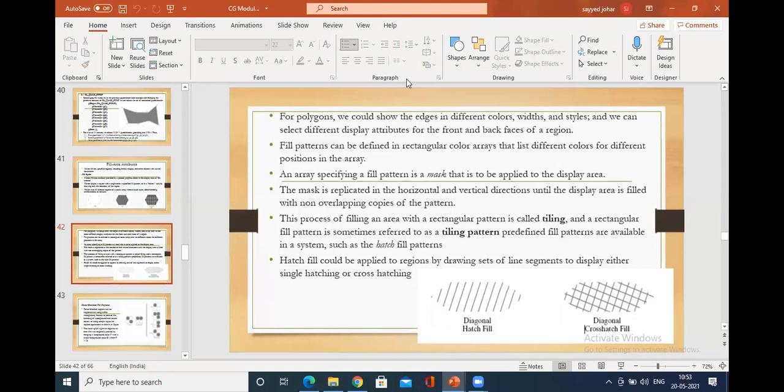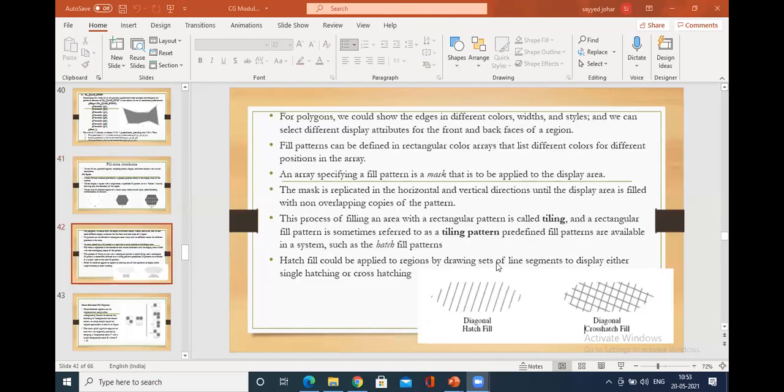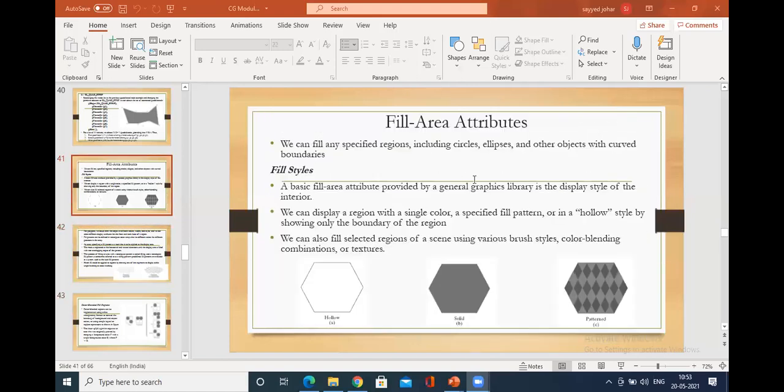All these things are the pattern. How do you fill a polygon? The way in which you fill the polygon, okay, fill area attributes. So the different styles in which you could fill the polygon. That is also one of the concepts that come across in fill area attributes.